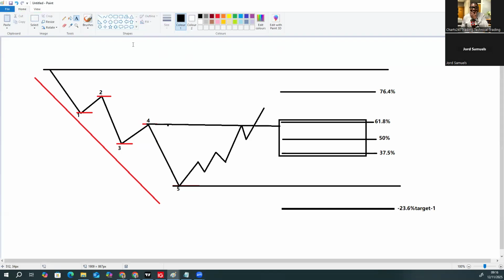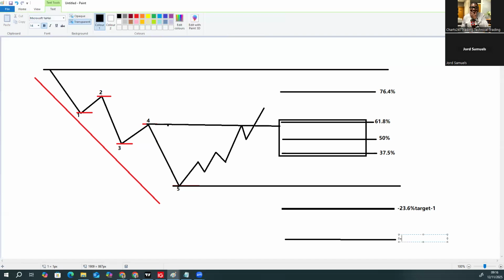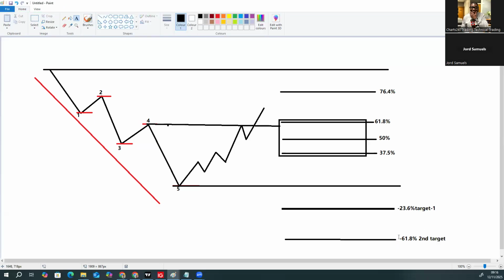Then we also have the second target. This is the minus 61.8%, second target. So let's leave those two for now. I'm going to discuss more targets later.